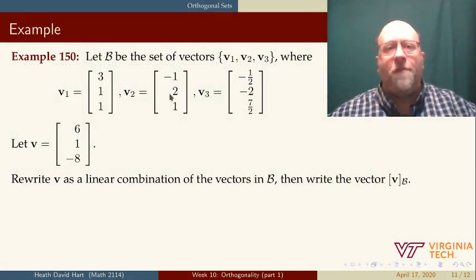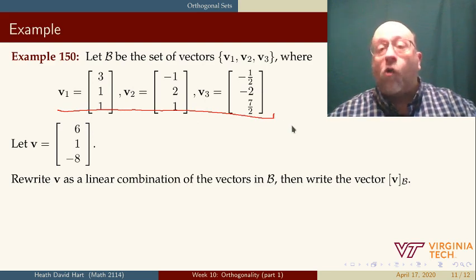This is example 150. I have these three vectors. We already showed that they are all orthogonal. We did this a moment ago.